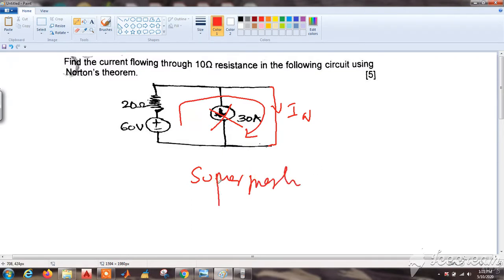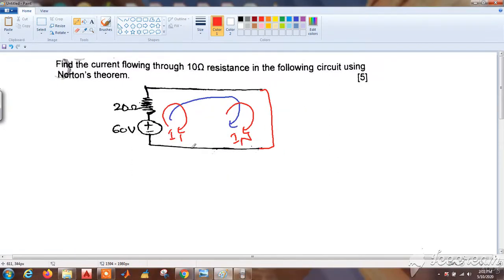But remember, we have to take the individual loops only. This is I1 and in this loop IN is flowing like this. Now we apply KVL in this loop. We have to consider this as one single loop, as shown by the blue arrow. But please note that we have to consider two different currents, I1 and IN, and write a single KVL equation.